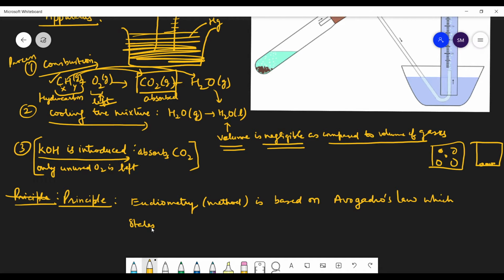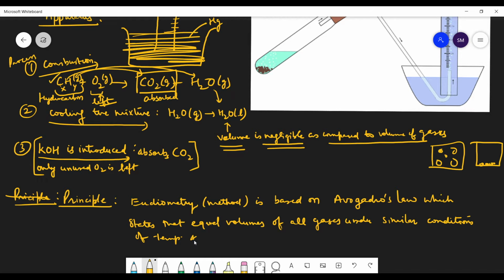It states that equal volumes of all gases under similar conditions of temperature and pressure contain equal number of molecules, or you can say moles.